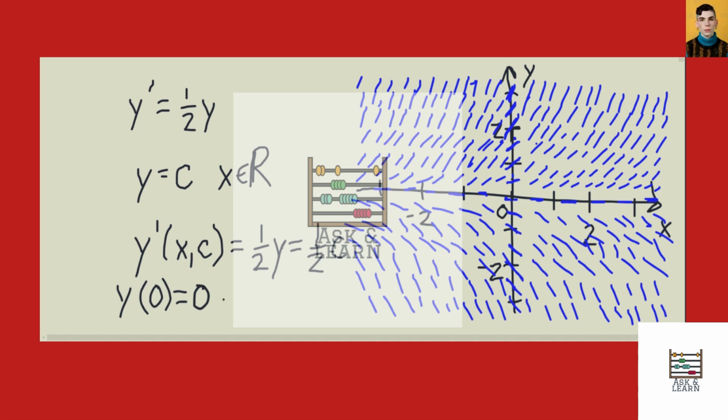And we'll have a point. I'll draw this in black. That's 0, 0. And we'll see that this is simply the horizontal line. It's even hard to see because it overlaps with the x-axis.